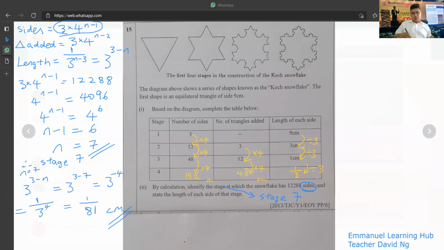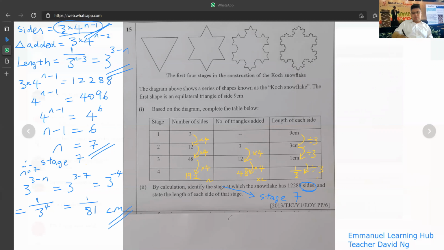So the crux of this question lies in the accuracy of the formula that you generated. If your formula is wrong, then you cannot solve. Everything will be wrong and you will lose all the marks. So it's worth the effort to generate a few more data to test proof your formula before you use it.